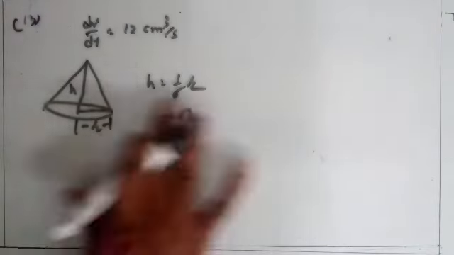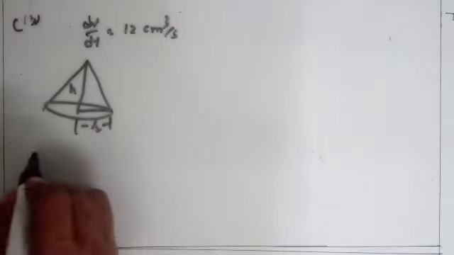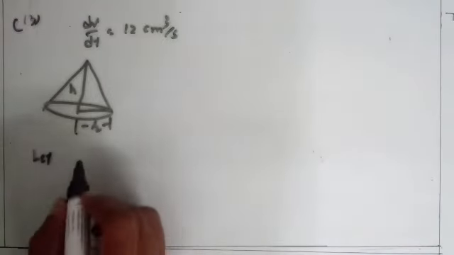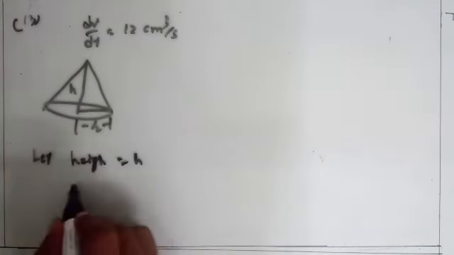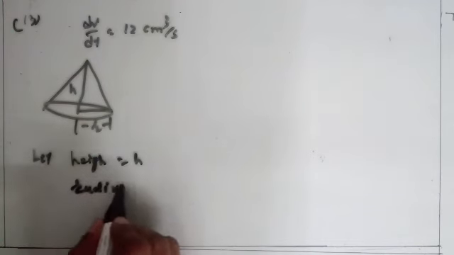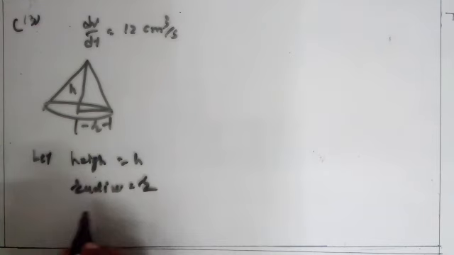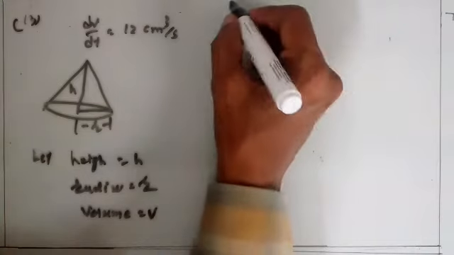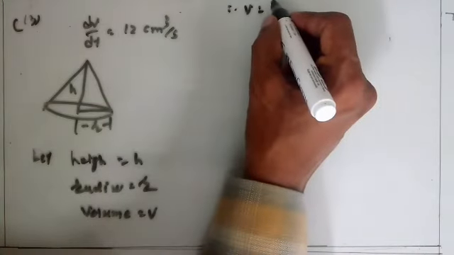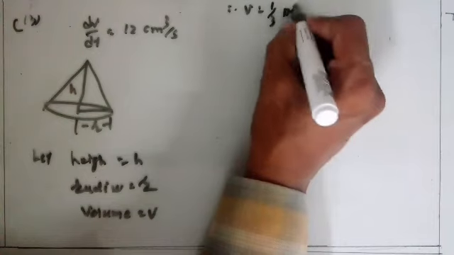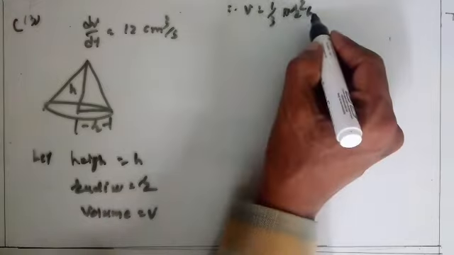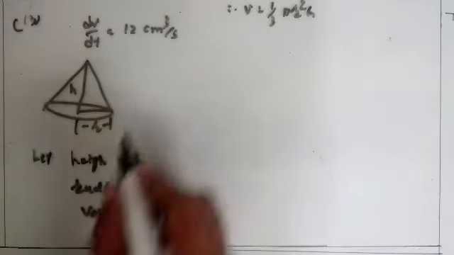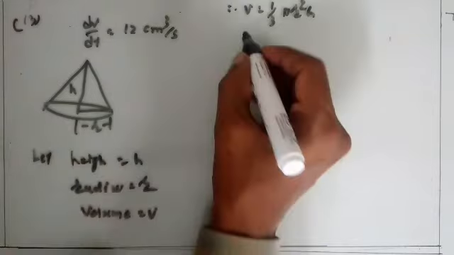Clear? So first, suppose the height of the cone is equal to h, radius is equal to r, volume is equal to V. Therefore V is equal to the volume of a cone, 1/3 pi r square h, you know. And here dV/dt is given, we want to get dh/dt. So r changes into h form.